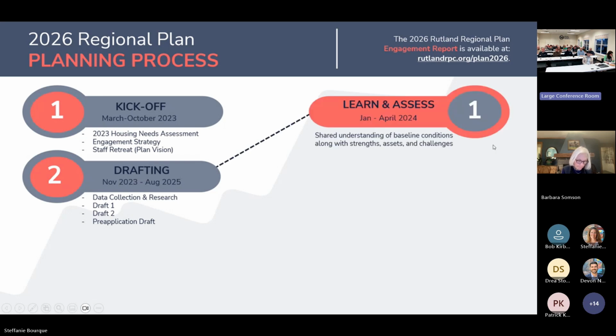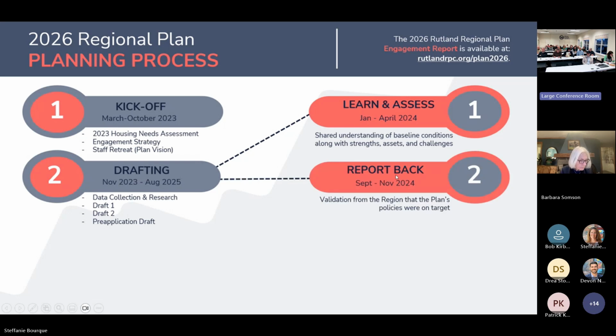The first phase of our engagement, which we titled Learn and Assess, we completed between January and April of 2024. In this phase of engagement, we got a shared understanding of the baseline conditions in the region, along with the strengths, assets, and challenges that existed.